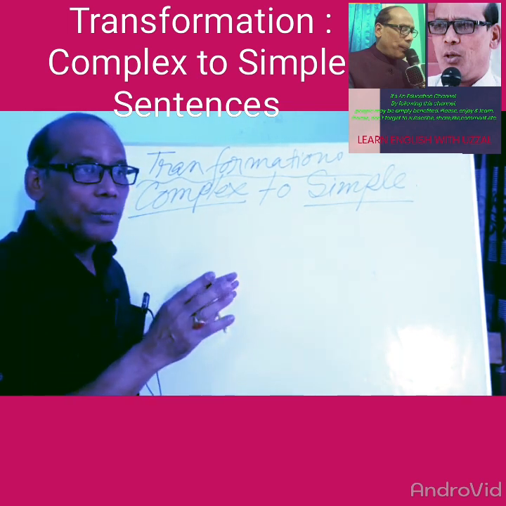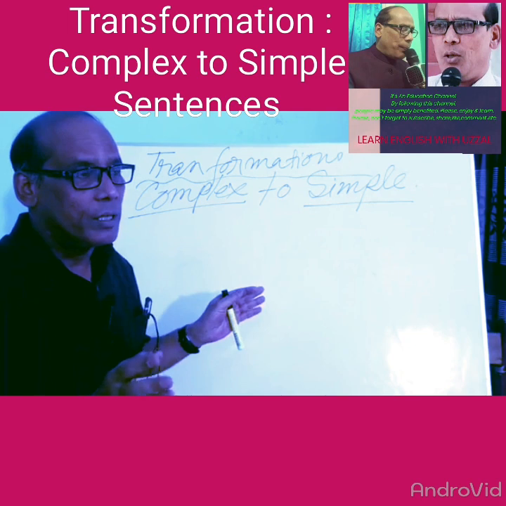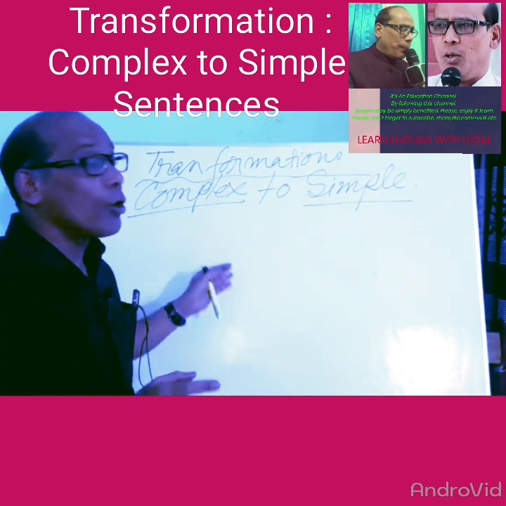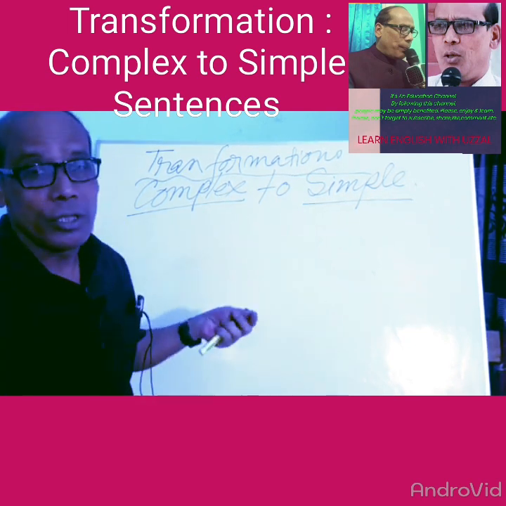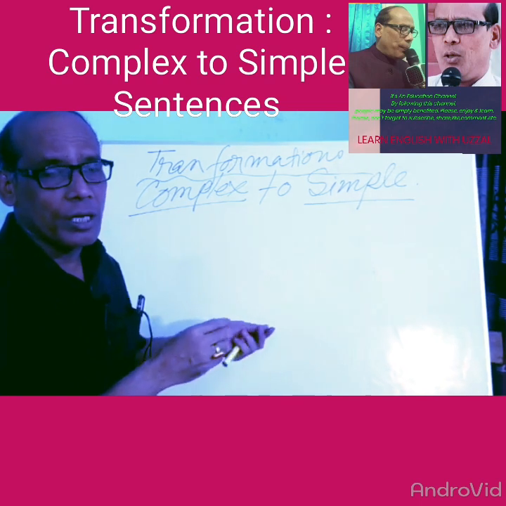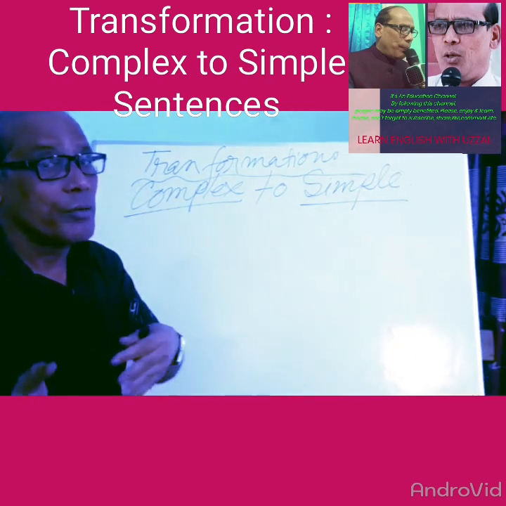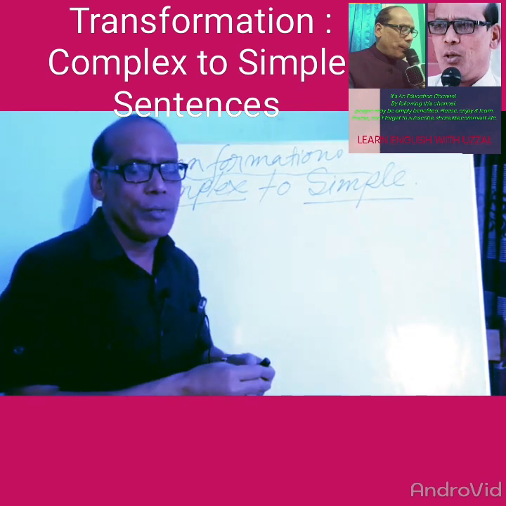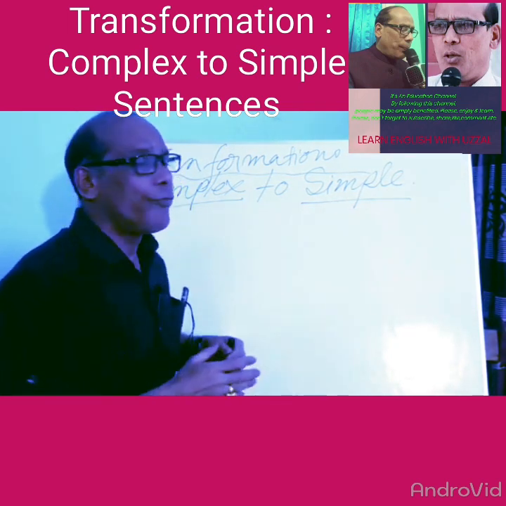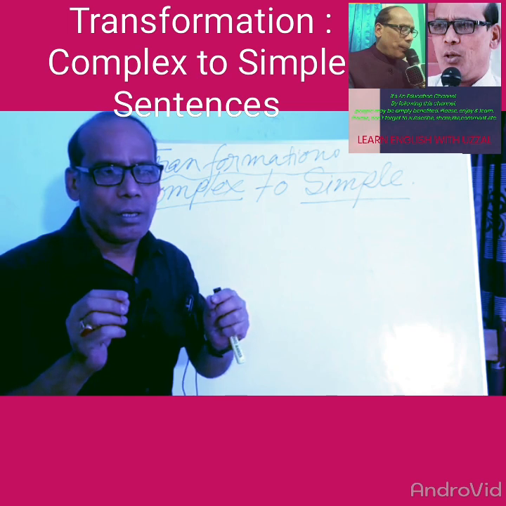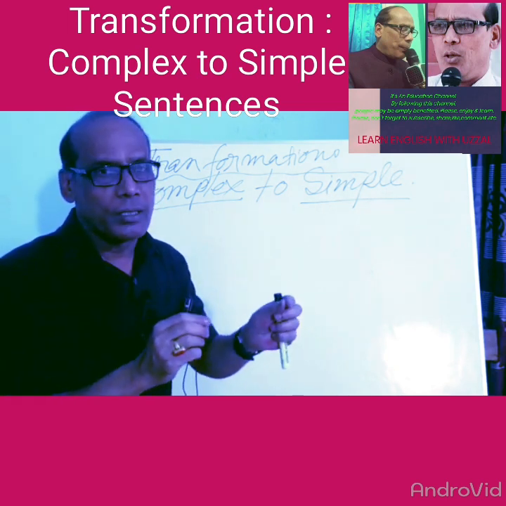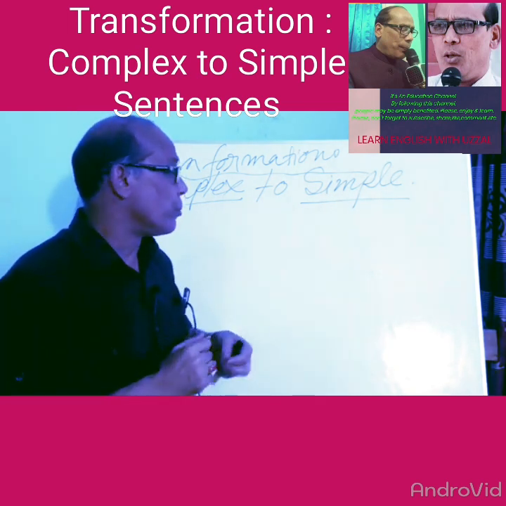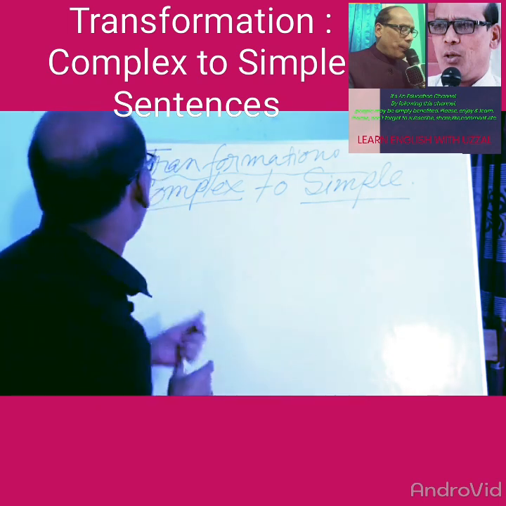It is independent. A complex sentence is also independent, but it has two clauses: one is the main clause, another is the subordinate clause. In some cases, the subordinate clause may be more than one, but usually a complex sentence has two clauses.